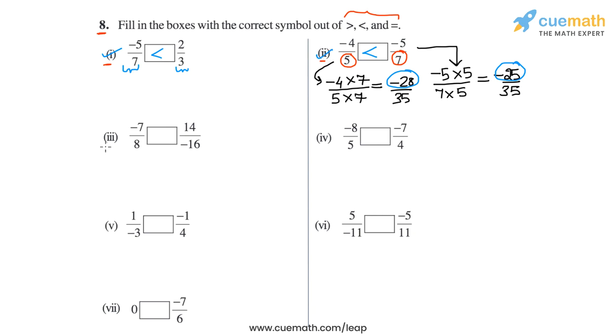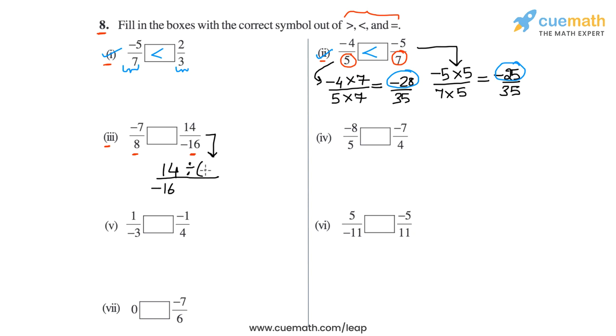Then in part 3, we have to compare minus 7 by 8 and 14 by minus 16. So minus 7 by 8 is in standard form. Let's reduce 14 by minus 16 also to standard form because both numerator and denominator are even. So the HCF of 14 and 16 is 2. So we divide both the numerator and denominator by, what should we divide by?